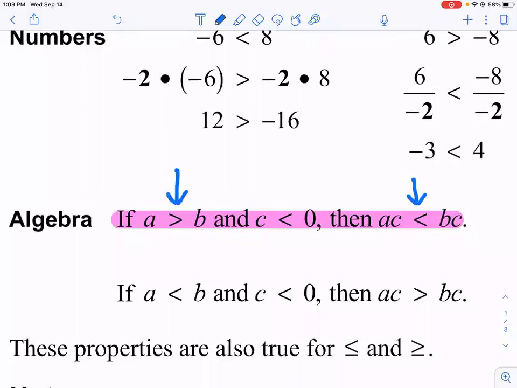What happens from here to here? Oh, the inequality flipped. Do you see it?